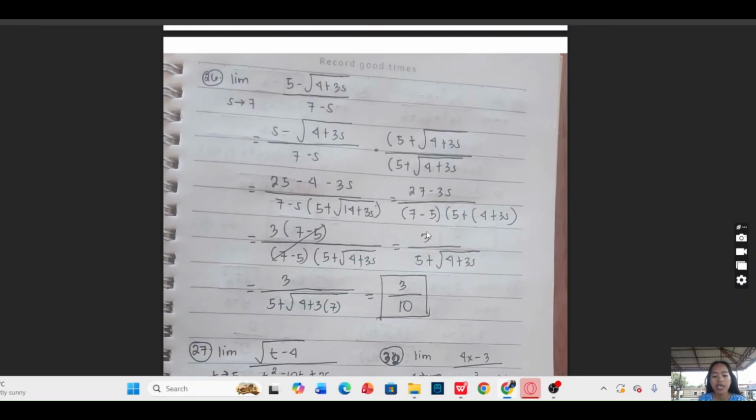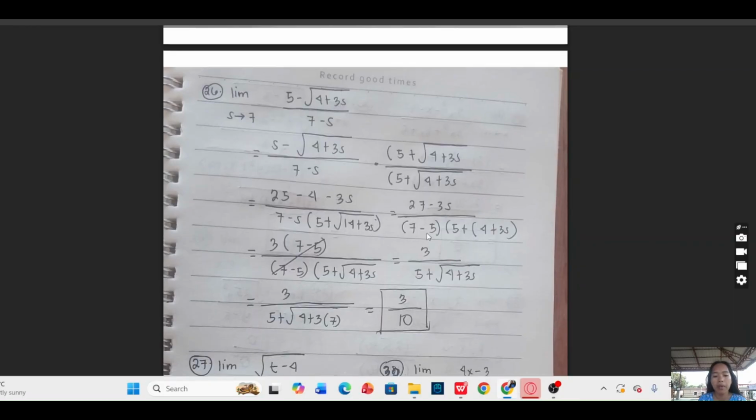So now let's have this problem, and this problem is quite tricky, no? Again, we are given the limit of 5 minus square root of 4 plus 3s over 7 minus s as s approaches 7.